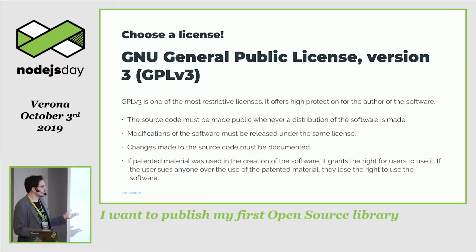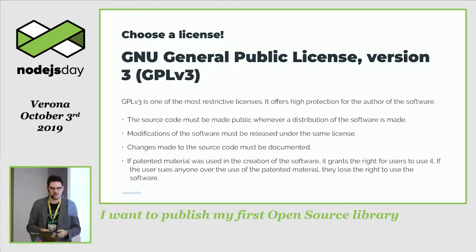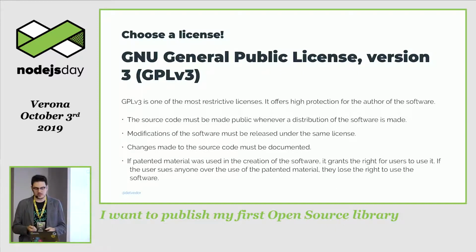So there is GPL version 3, which is the one that offers the highest protection to the authors of their software. And there's also GPL version 2, which is also very, very popular. The difference is in the clause of the patent grants. Some popular projects that are using GPL version 3 are Bash or GIMP, for example. And then GPL version 2 is used by Linux.